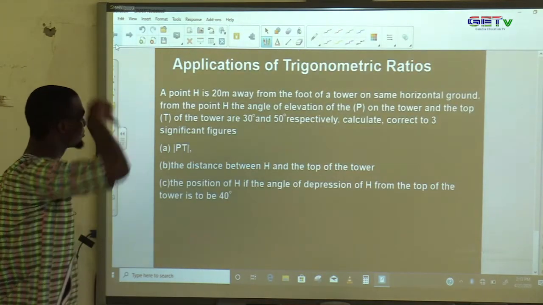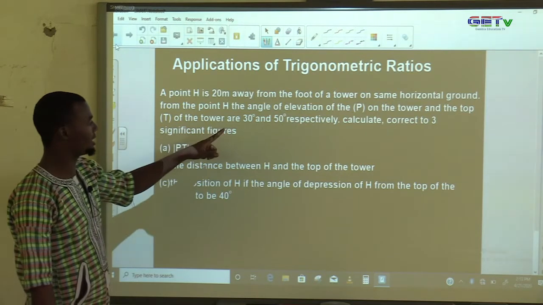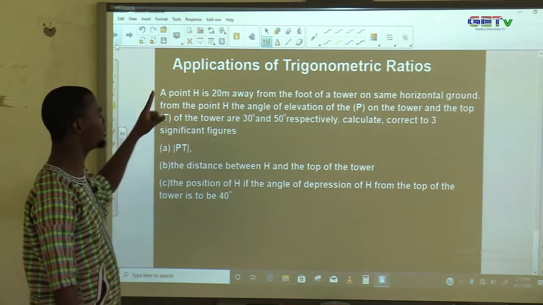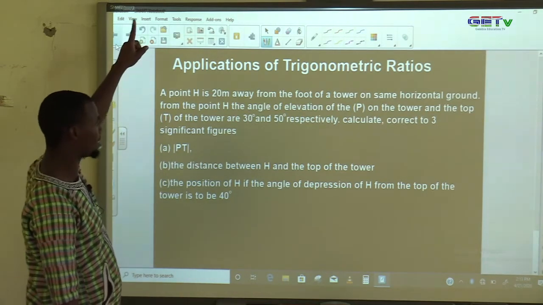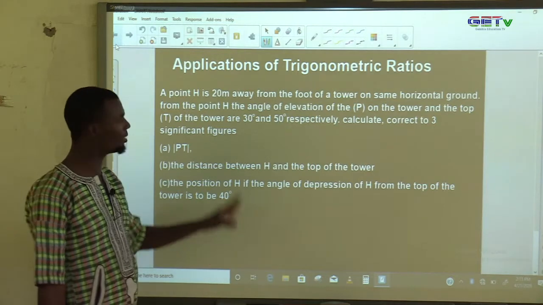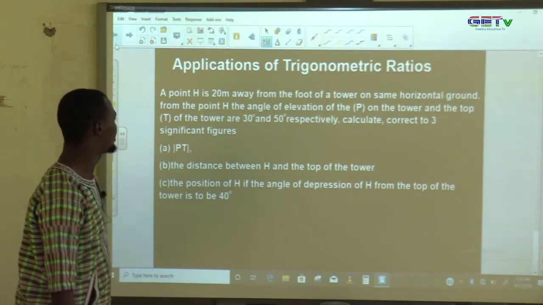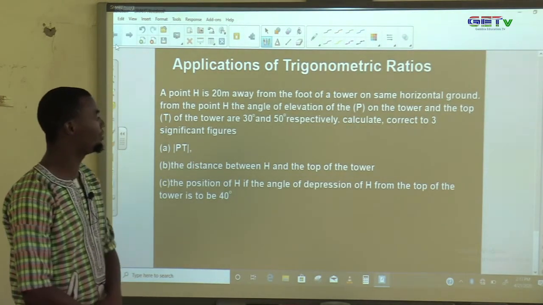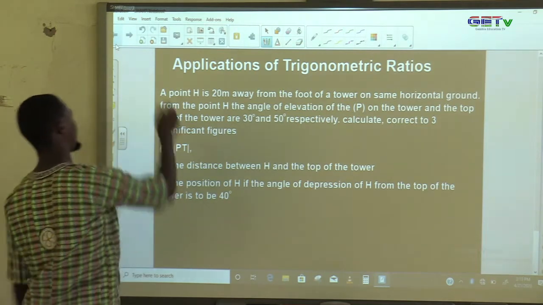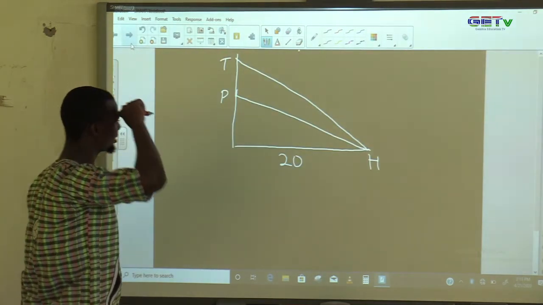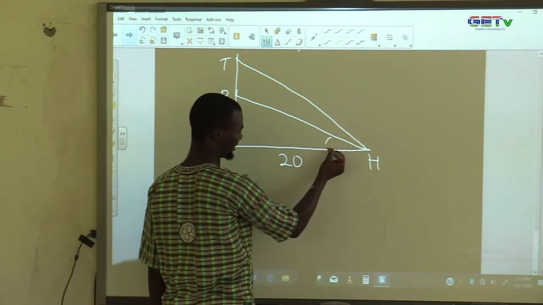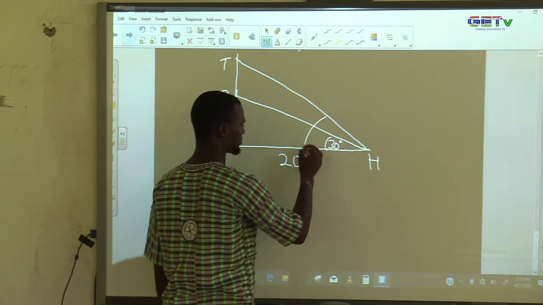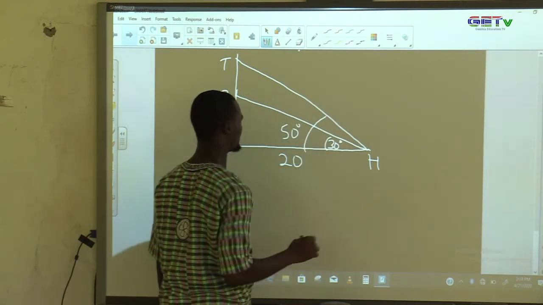So T is the top of the tower and P is anywhere on the tower. Then the angles are 30 degrees and 50 degrees respectively. This will be 30 degrees, and this one here is 50 degrees.